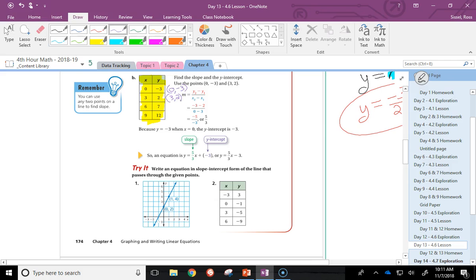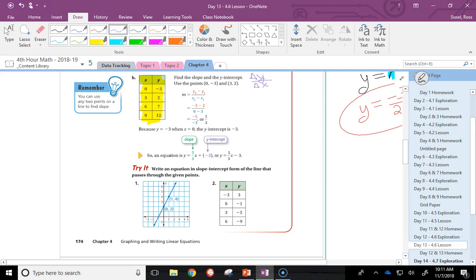Or if I go to find the slope, remember slope, y2 minus y1. It's always our change in y over our change in x. So what is one of the points for y? What's y2? What could y2 be? What would be one of our points up here?